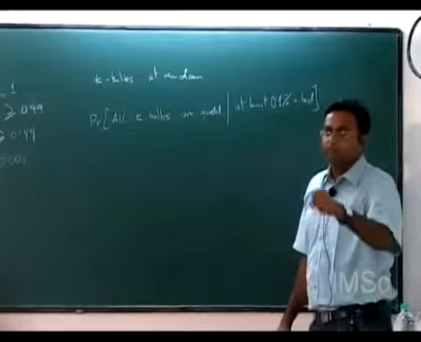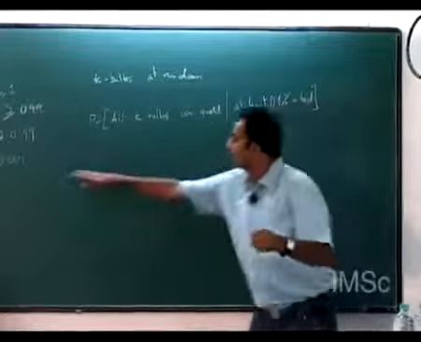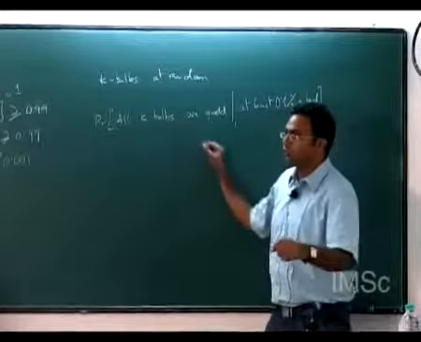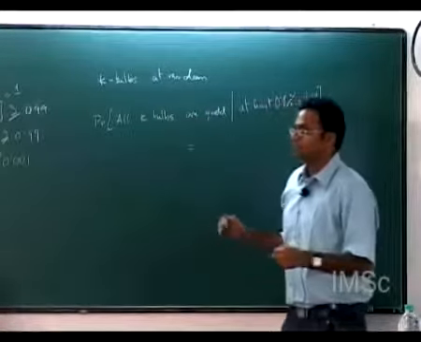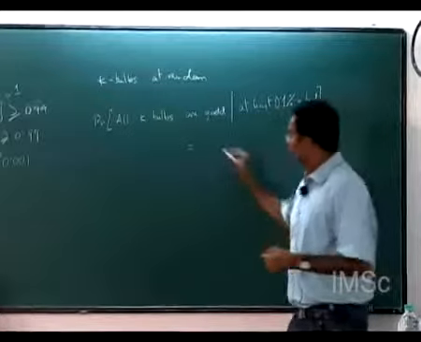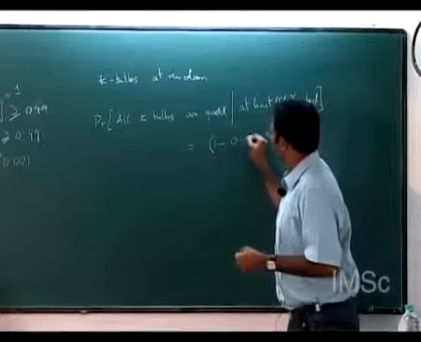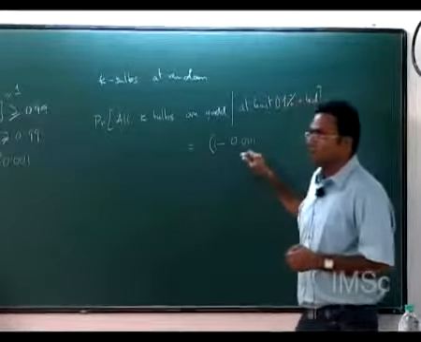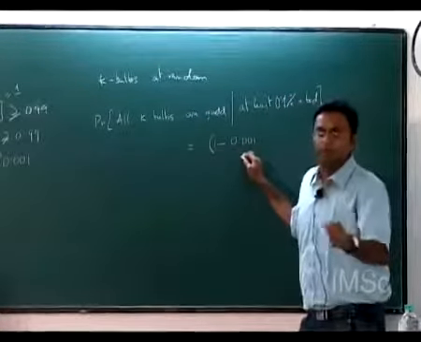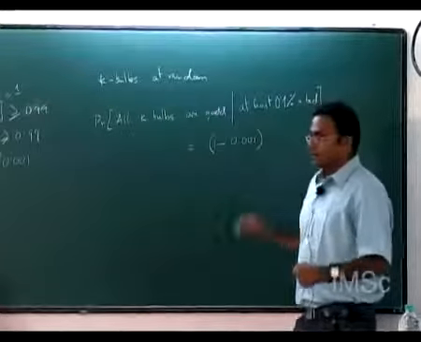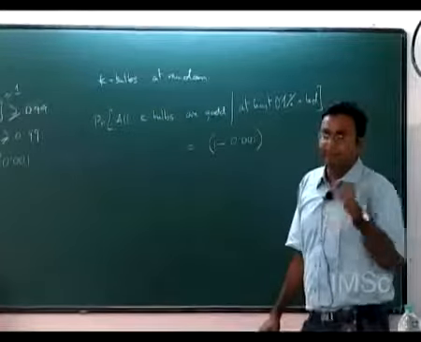So the first bulb is good. What is the probability? It is 1 minus epsilon, correct? This is the probability that the first one was good. Now I pick the second one.